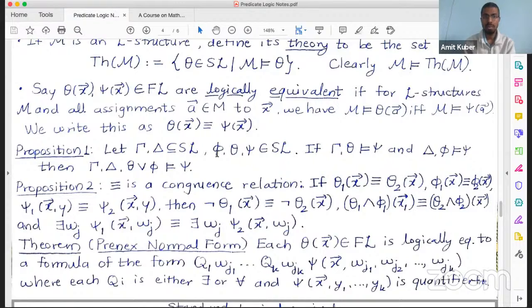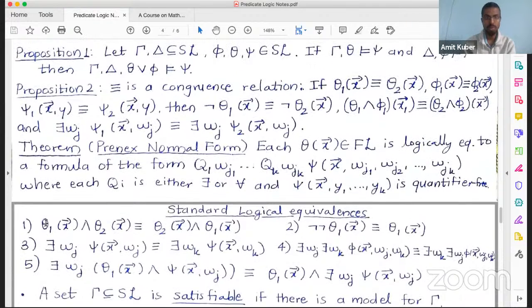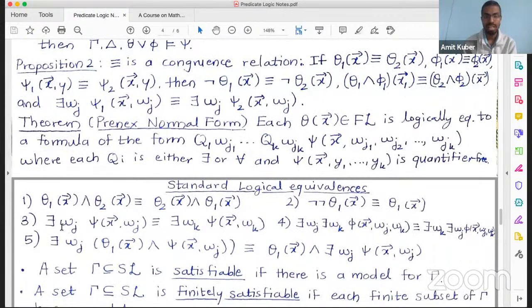Some simple standard logical equivalences I can show you here. Theta 1 x bar conjunction theta 2 x bar is logically equivalent to theta 2 conjunction theta 1. Double negation elimination. Then there exists wj: you can change the name of your bound variable. There exists wj psi x bar wj is logically equivalent to there exists wk psi x bar wk.